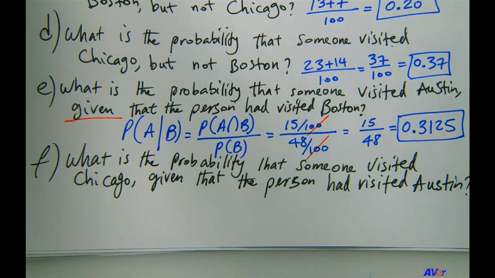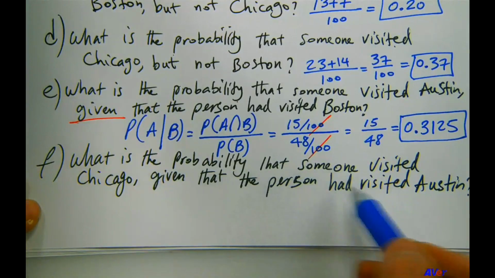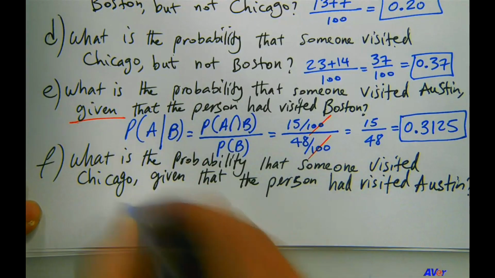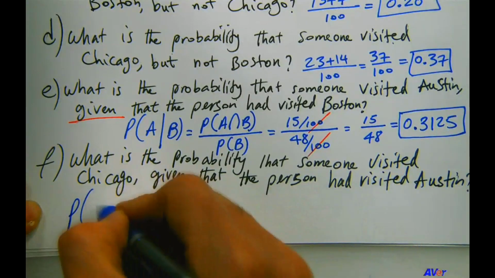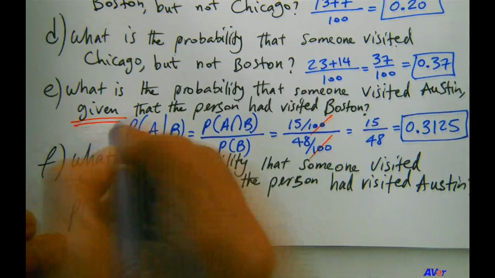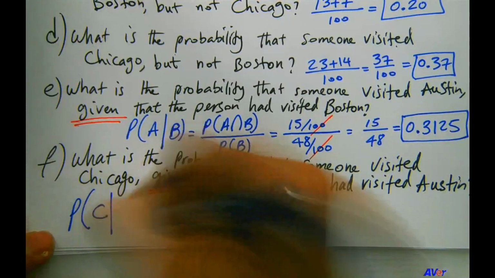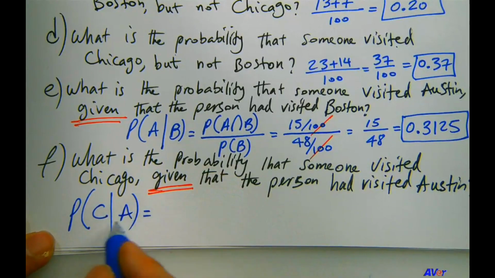Before we go to the Venn diagram and all those numbers, let's translate this question into symbolic form. So we want to know the probability that someone visited Chicago given that the person had visited Austin.